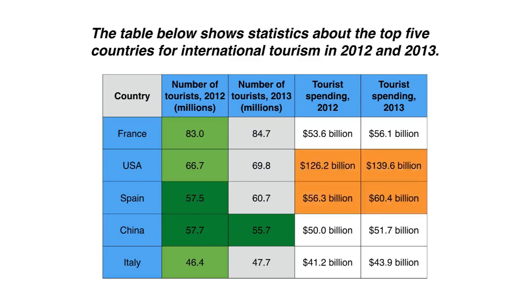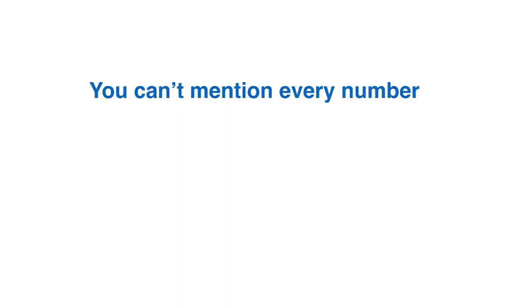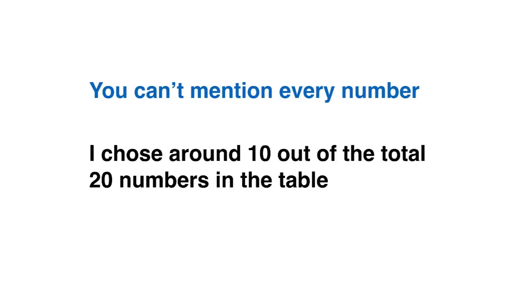And I also mentioned these statistics. I talked about the increase of $1.7 billion of spending in China. So remember that you can't mention every number. I chose around 10 out of the total 20 numbers in this table, and that's more than enough. If you've done somewhere between 6 and 10 numbers from a table as big as that, that's fine.